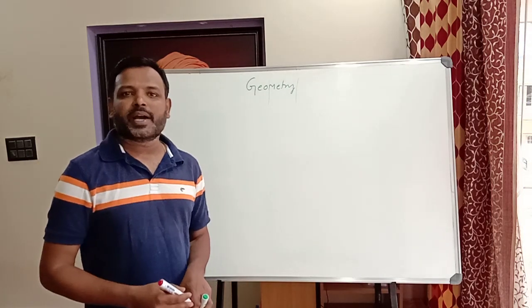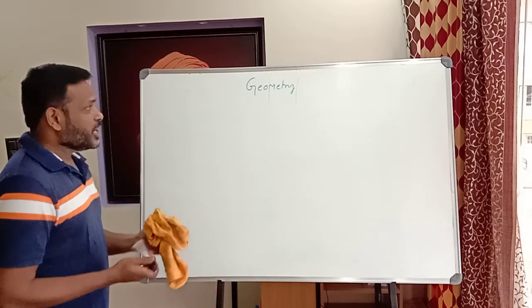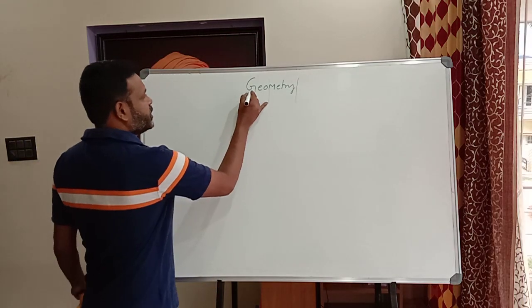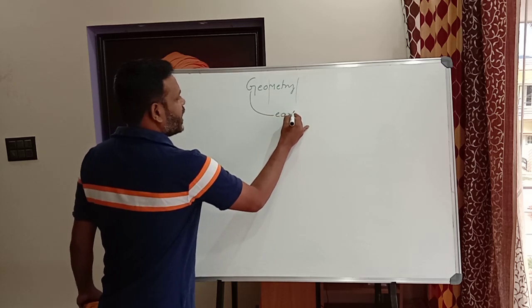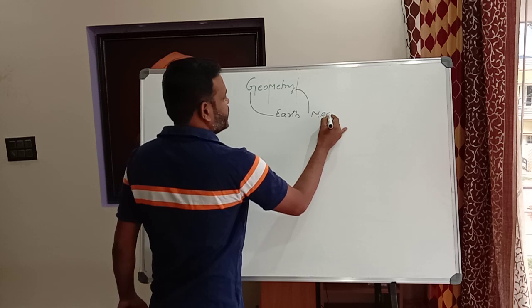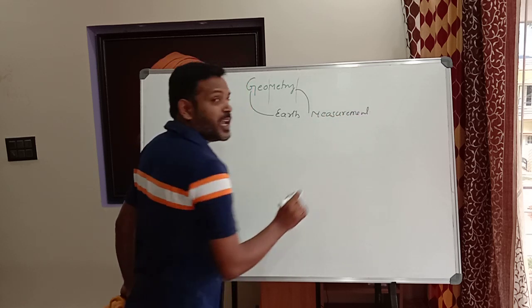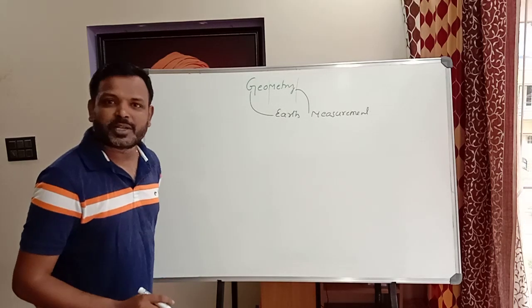Then what do you mean by geometry? Geo means earth, and metry means measurement.